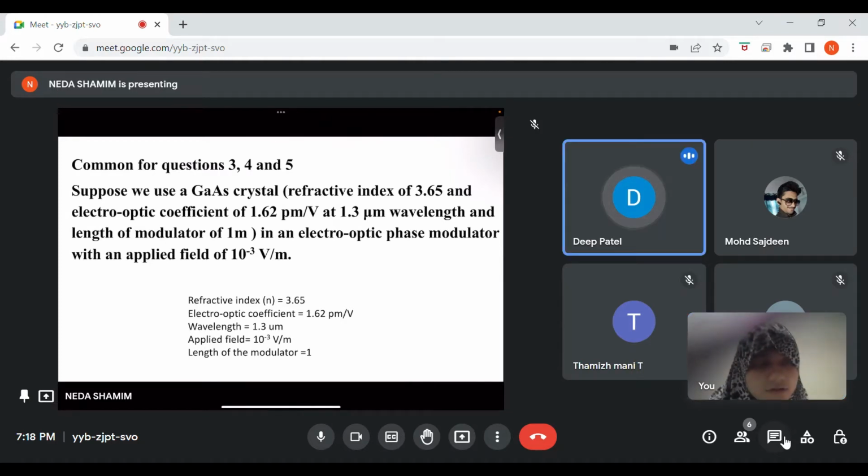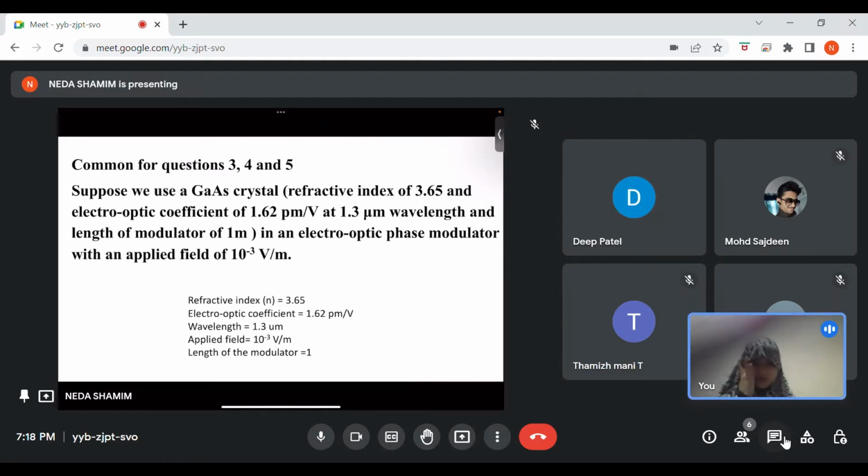Pockel's effect is usually modulation of the phase of the light when it is passed through a certain medium. That is, the phase of an optical wave through a medium can be modified with an applied electric field. With that, we will talk about how Pockel cells work.